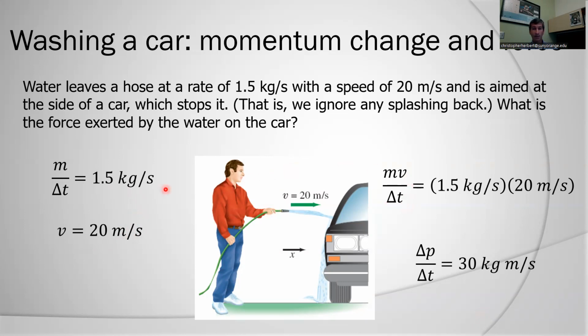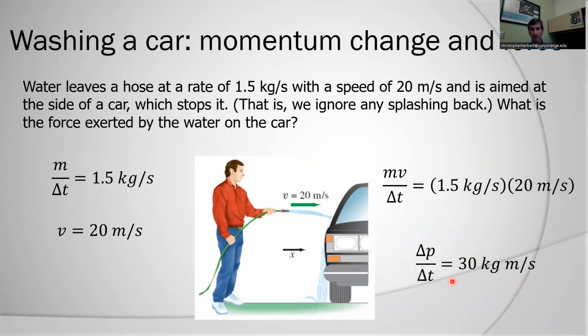We can use this equation right here to find out what my force is. So again, here we have mass per unit time. I'm going to convert that to mass times velocity divided by unit time, or momentum per time. I know that momentum per time is equal to the net force. So here we have a change in momentum per time of 30 kilograms meters per second squared.